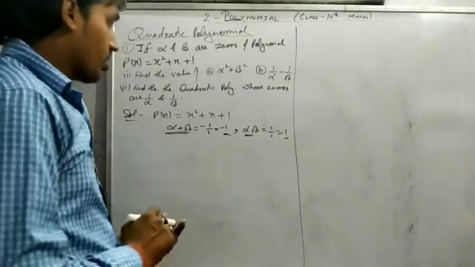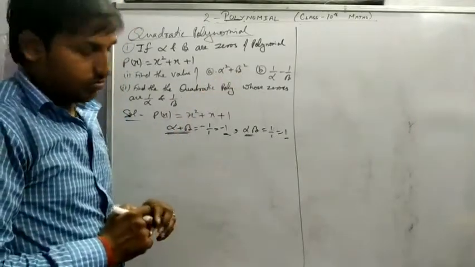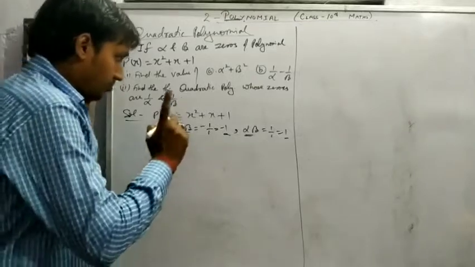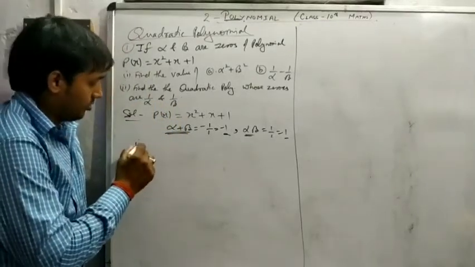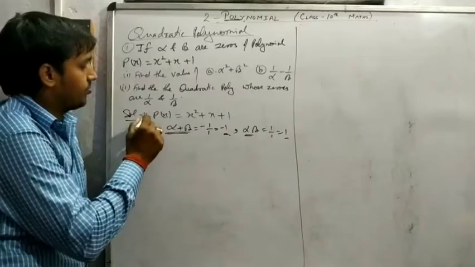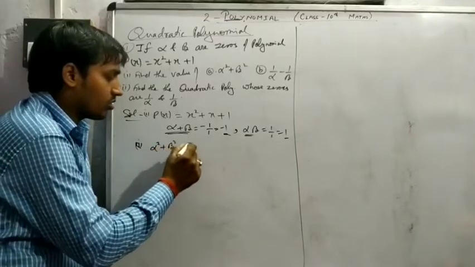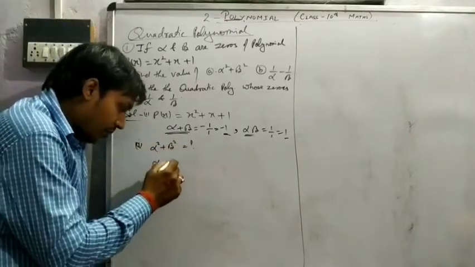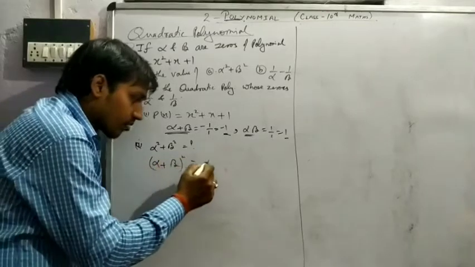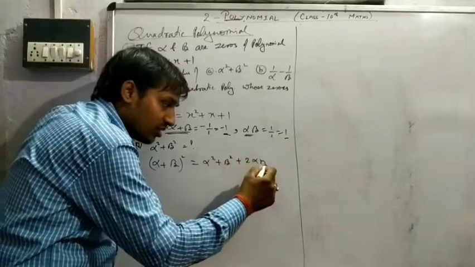Then we want to find alpha square plus beta square. You know the formula: alpha plus beta whole square equals alpha square plus beta square plus 2 alpha beta.